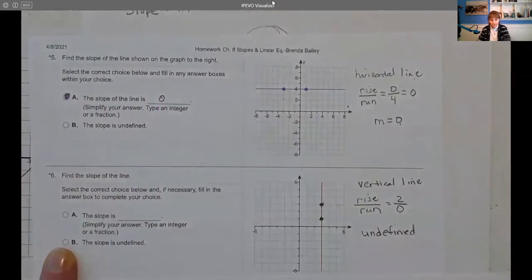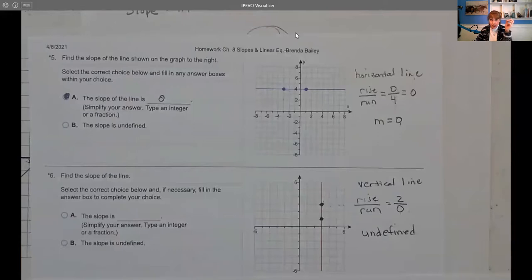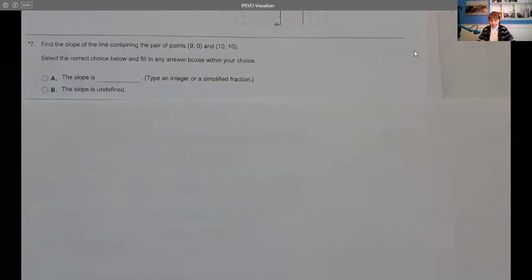Okay, so that's all I have for finding the slope given a graph. Now we're going to find the slope given 2 points. How do you find the slope if you're given 2 points rather than the graph?